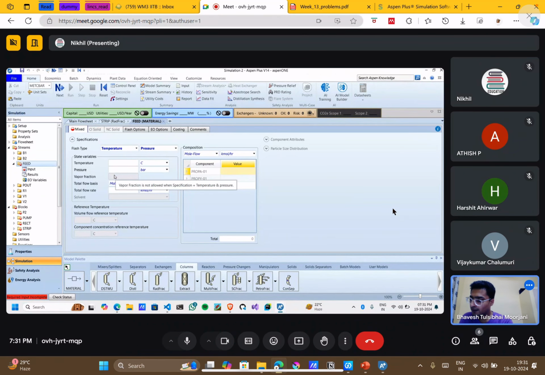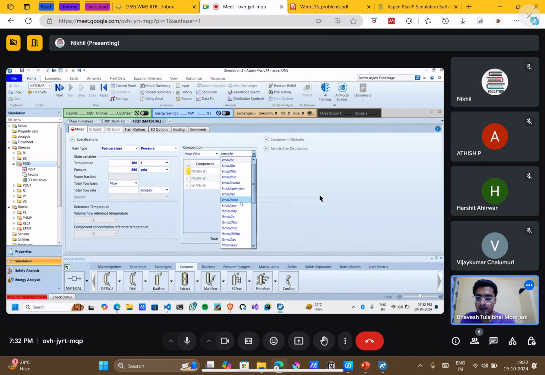So for the feed, temperature is 100 degrees Fahrenheit. Pressure is 290 psi absolute. In the composition, select the molar flow rate, and instead of kilomole per hour, change it to pound mole per hour.